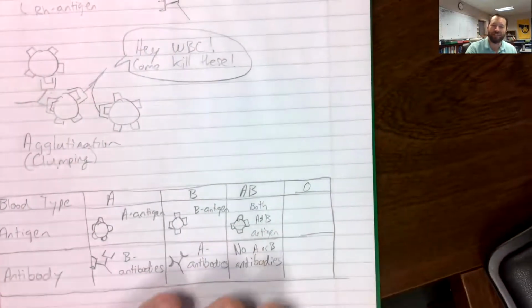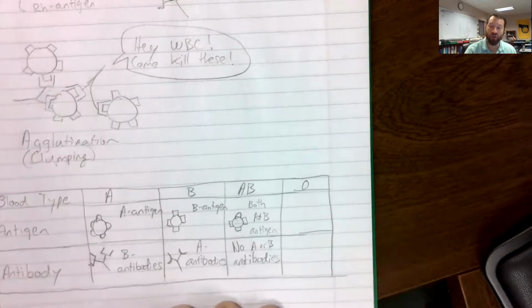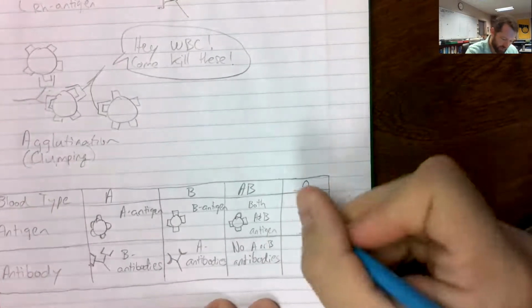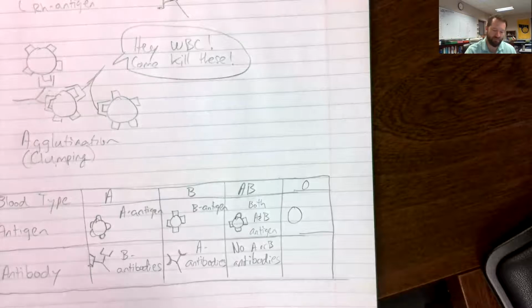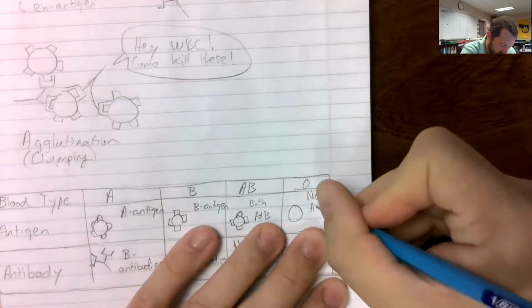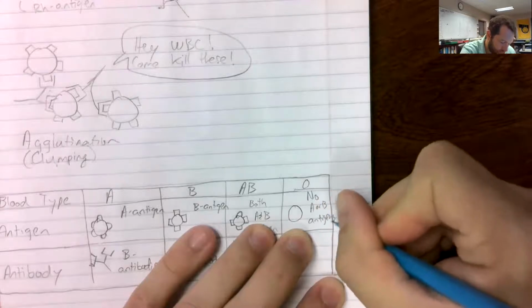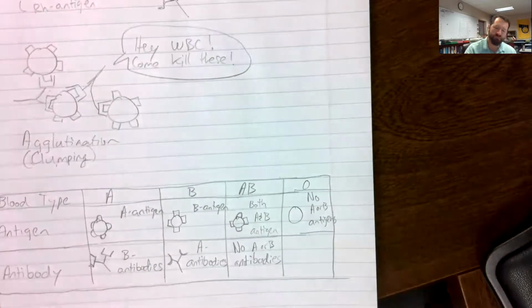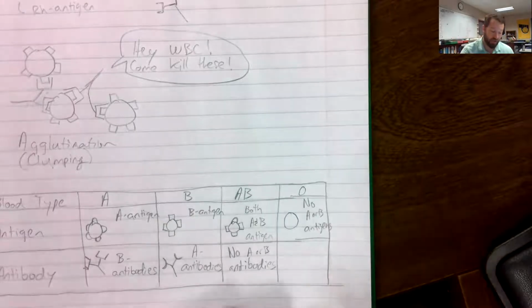Finally, then the last type of blood is type O blood. You think of the O as more of a 0. Why a 0? Because there are no antigens. Well, no A or B antigens. So these cells are naked, no proteins on the surface.